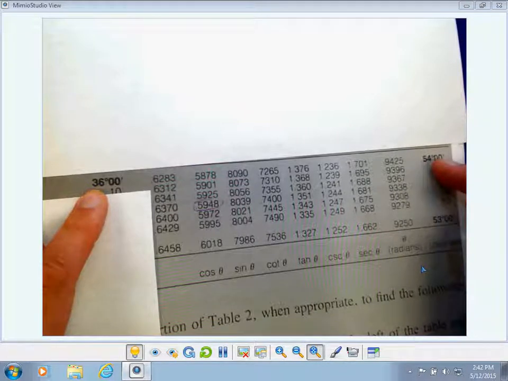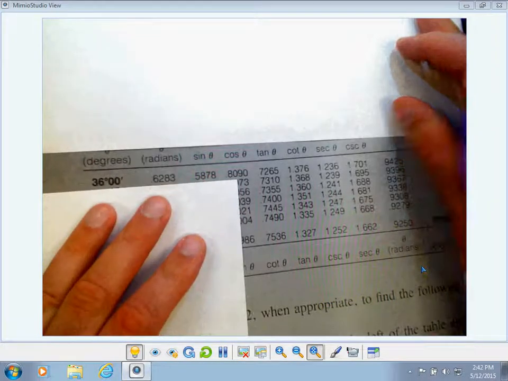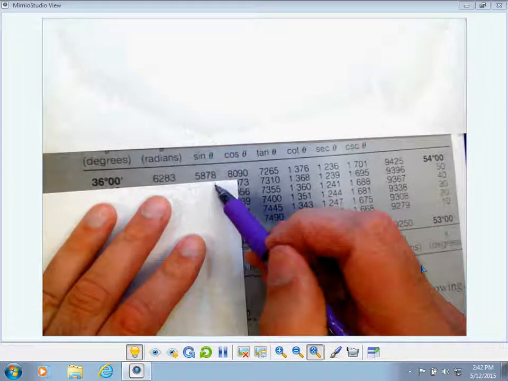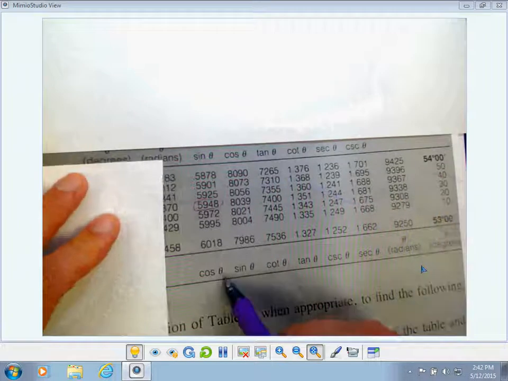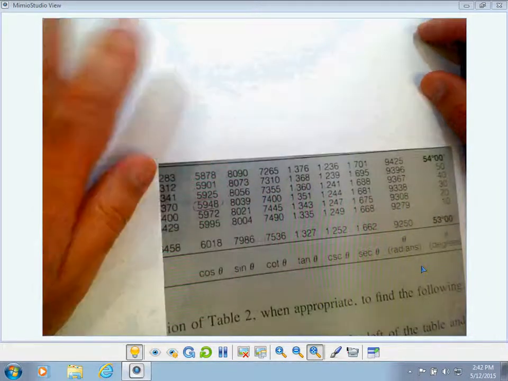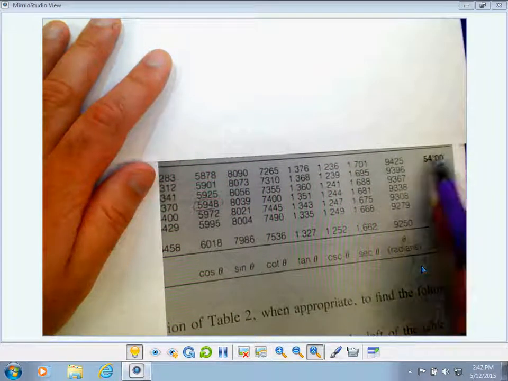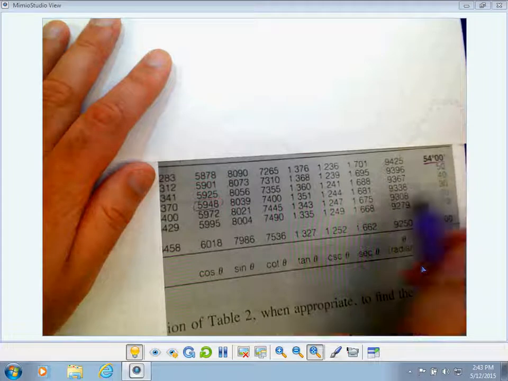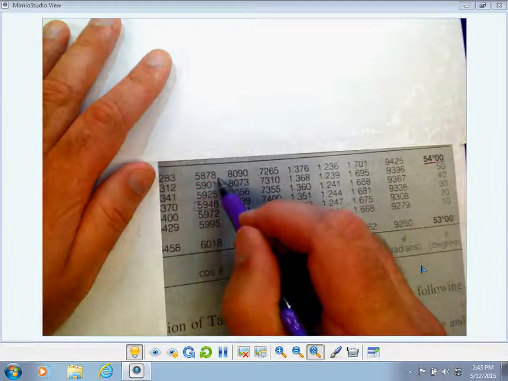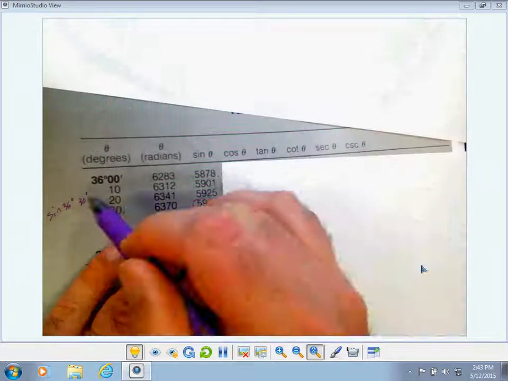As it turns out, the sine of 36 is 0.578. But likewise, the cosine, see we're reading the bottom table? The bottom table tells you the cosine, sine, cotangent of this angle. So the cosine of 54 is the same value as the sine of 36.